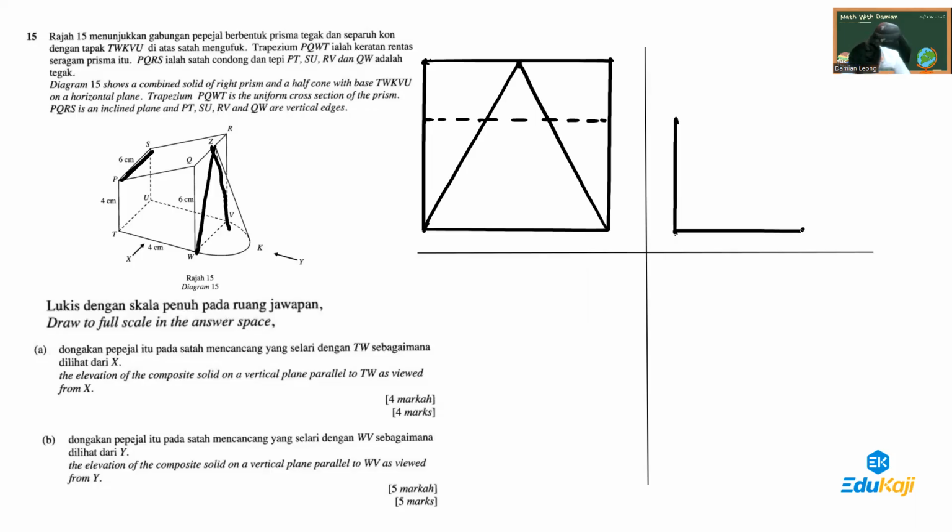And here go up by 6 cm. And this slanting line connects these 2 points. So you see here, if I extend a straight line here, it should match to these points, the 4 cm and the 6 cm. You have to draw at the same height so that it matches.